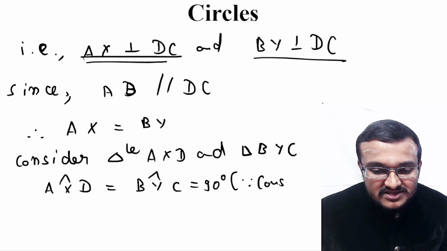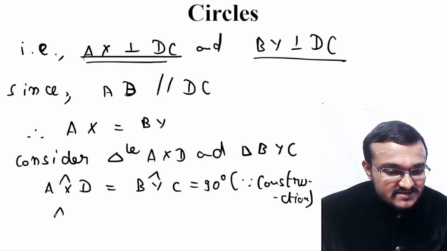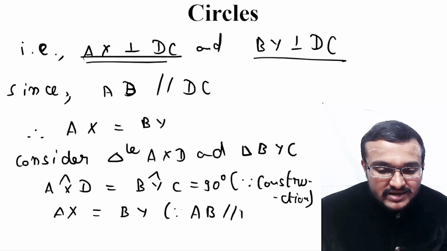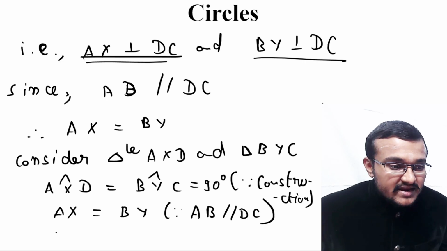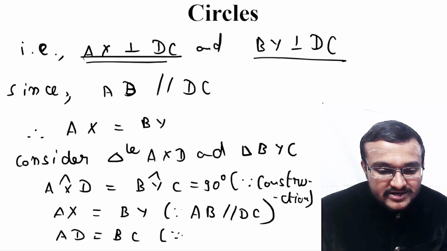This is from construction. So here AX is equal to BY, because AB is parallel to DC. Now AD is equal to BC, which is already given in the question.